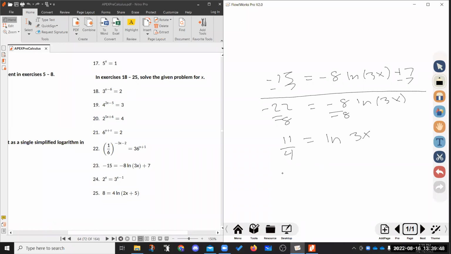I'm going to have to reverse the process here and say 3x is equal to e to the 11 over 4. So x is going to be e to the 11 over 4 divided by 3. Or I could write that as 1/3 e to the 11 over 4.